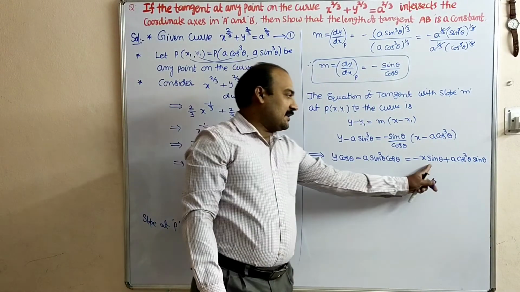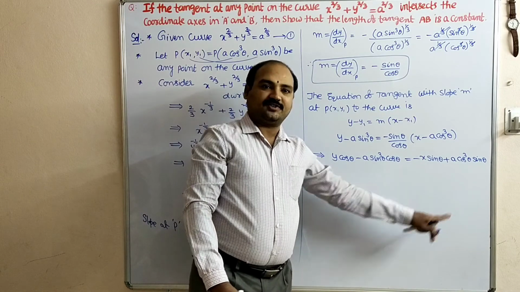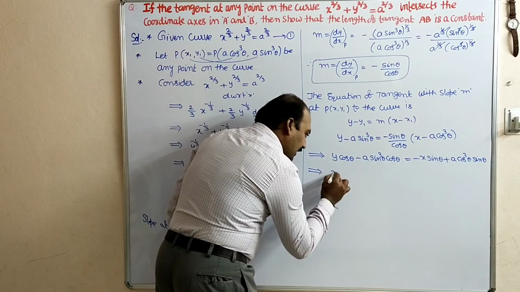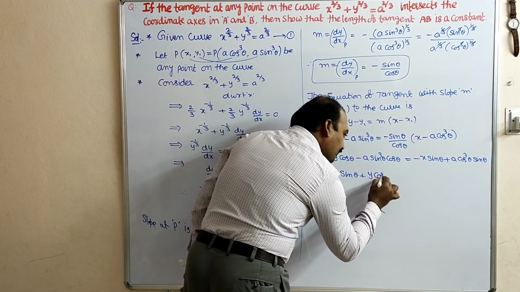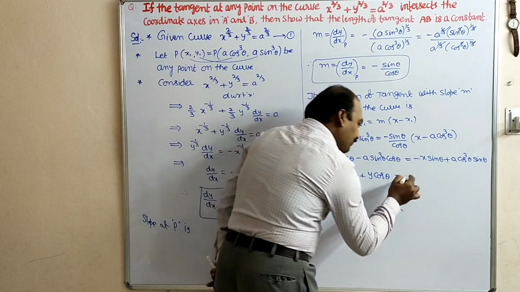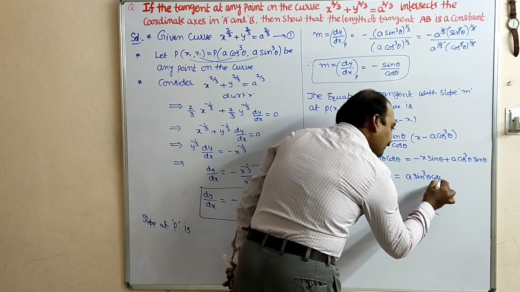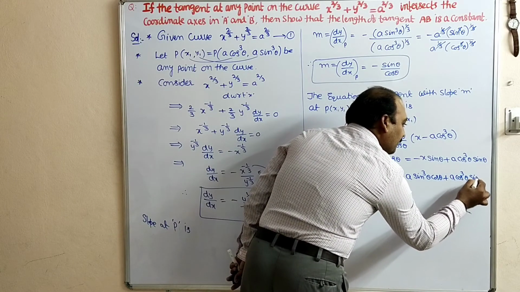Here minus x sin theta we are taking this side, and minus a sin cube theta cos theta we are taking to that side. So it becomes x sin theta plus y cos theta is equal to a sin cube theta into cos theta plus a cos cube theta into sin theta.